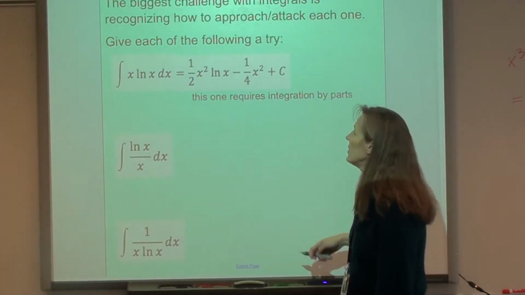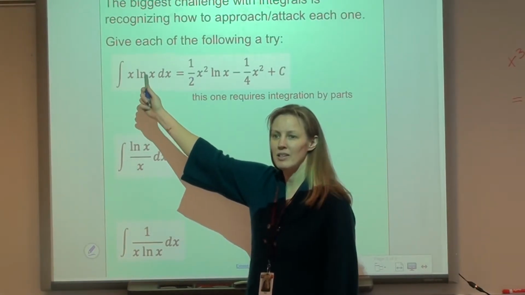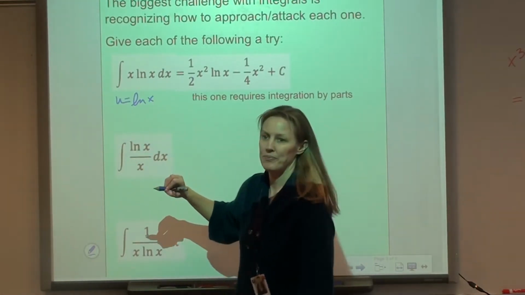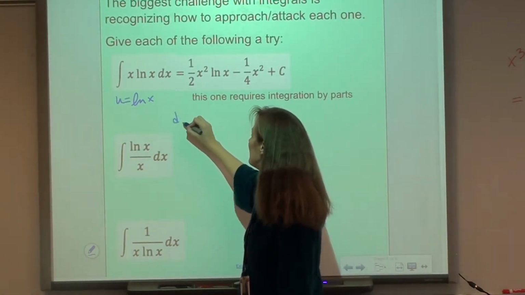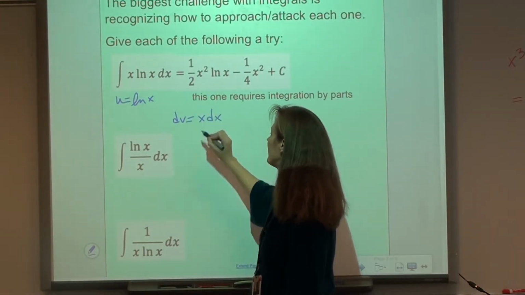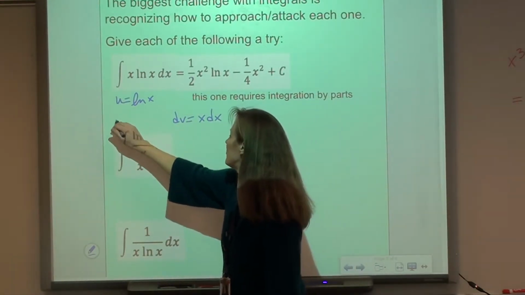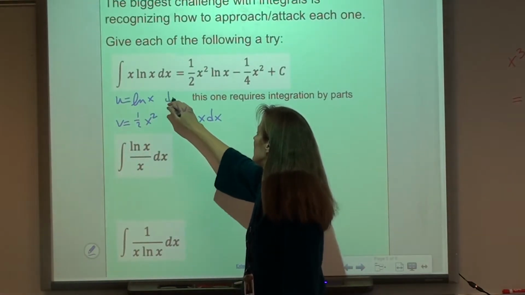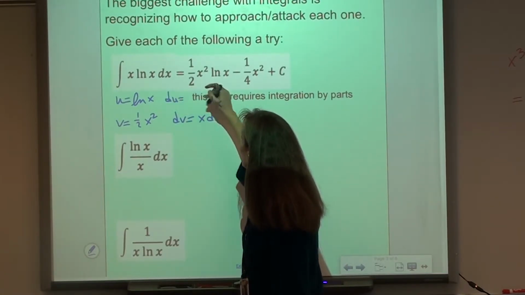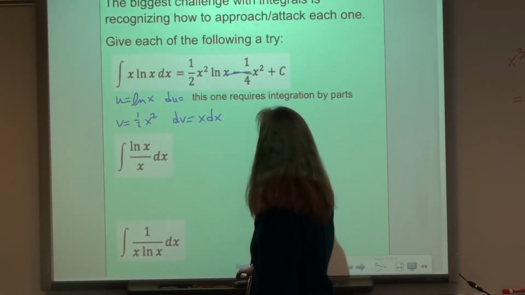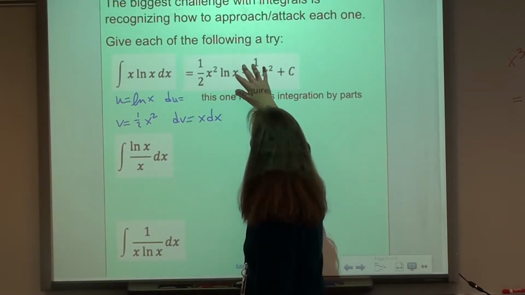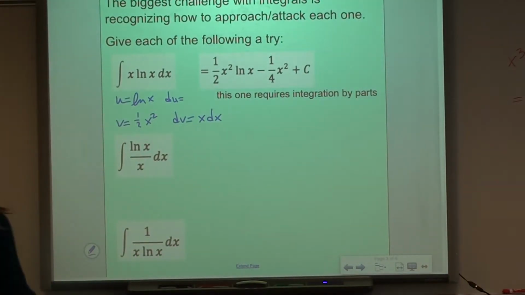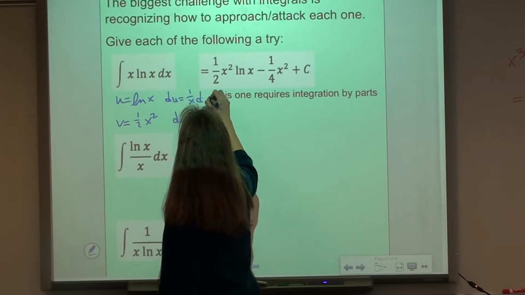So for integration by parts, whenever you have a natural log, you want your u to be the log. Then your dv is the other stuff. That way, when you do your v, the integral of x is 1/2 x squared, and your du, the derivative of ln x, is 1/x dx, right?